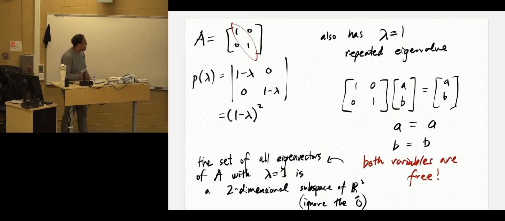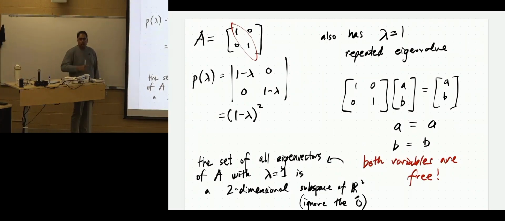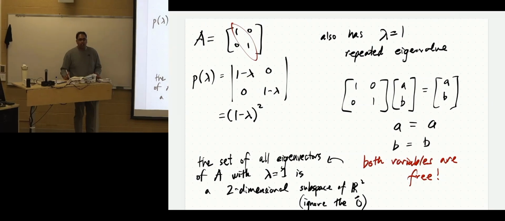Okay, what was the point here? My point was that just because a matrix has a repeated eigenvalue doesn't automatically mean it doesn't have n linearly independent eigenvectors. Because this matrix does have repeated eigenvalues, but it does have two linearly independent eigenvectors. Okay, and its eigenvectors do span all of R2. In fact, all of R2 is the set of eigenvectors for lambda equals 1.